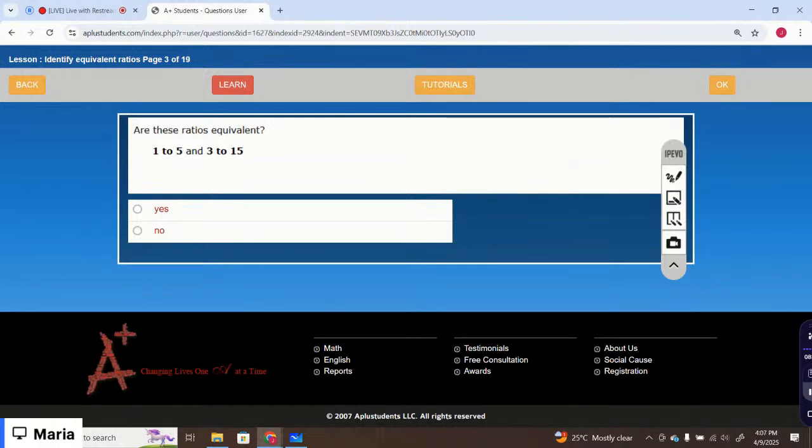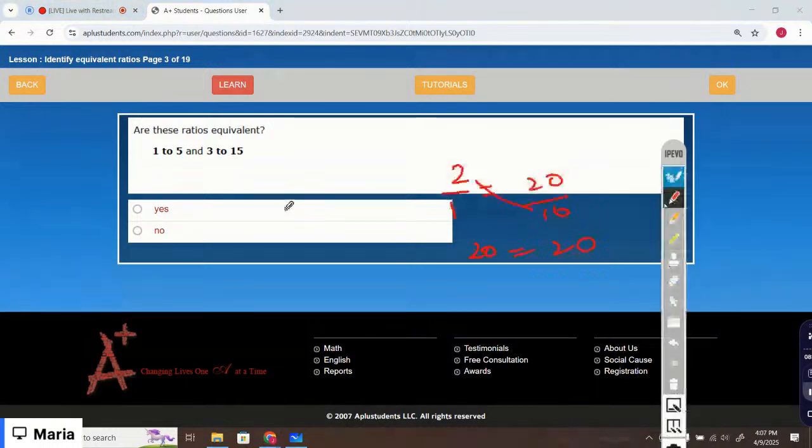Are these ratios equivalent, 1 to 5 and 3 to 15? So which is the correct option? That is 1 over 5 equals 3 over 15.